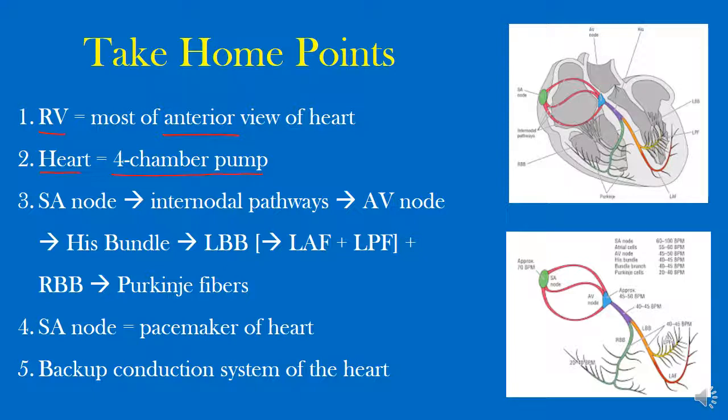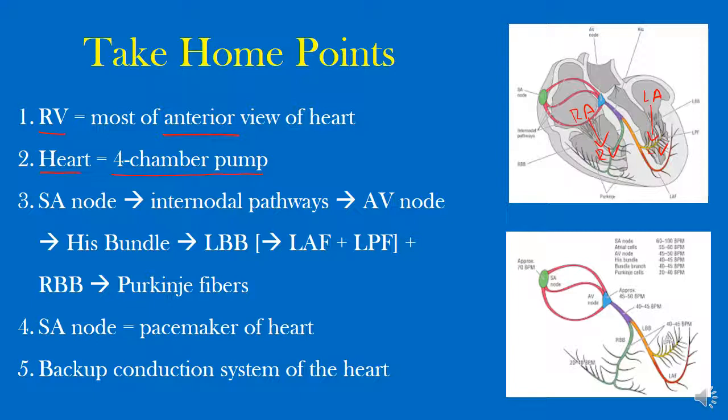So if you imagine here, you can see the right atrium and the left atrium on this side. Both give blood into the right ventricle and into the left ventricle. The right ventricle then empties into the pulmonary circulation through the pulmonary artery, and the left ventricle empties into the peripheral circulation through the aorta.